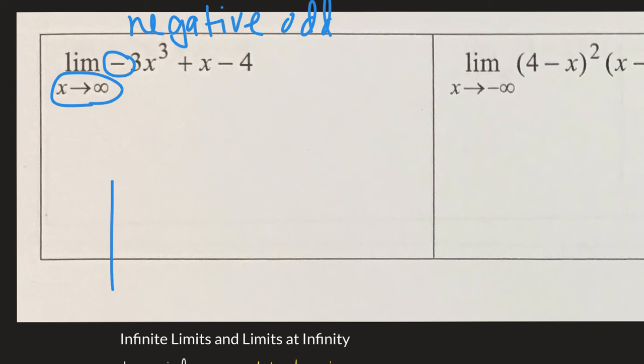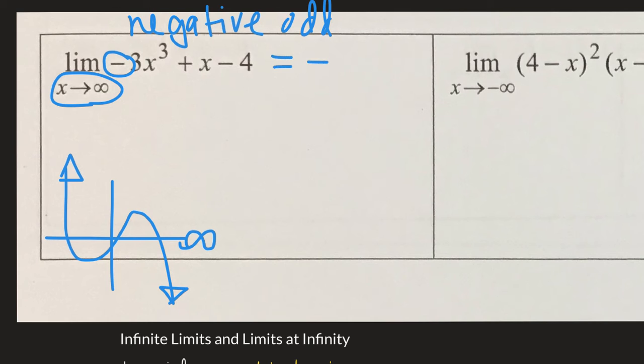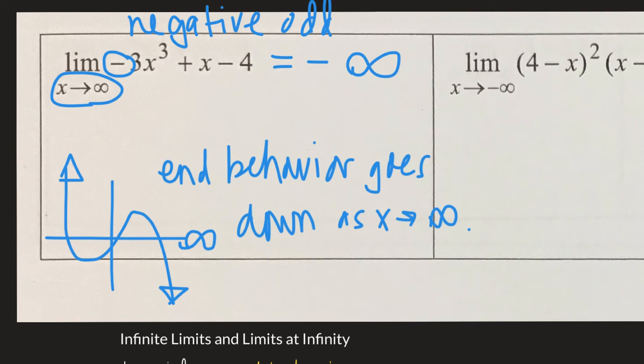So if we look at a sketch of the graph, all negative odd functions basically look like that. So as x goes to infinity, where is the graph headed? Towards negative infinity. The graph is going down to the right because it is a negative odd function, and that's the end behavior as x approaches positive infinity.